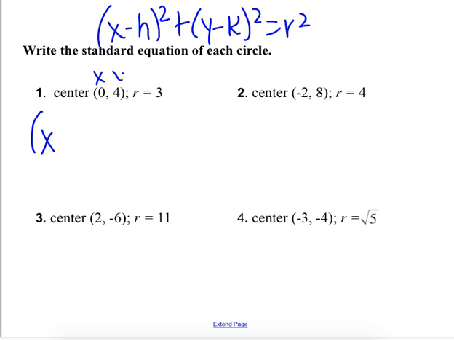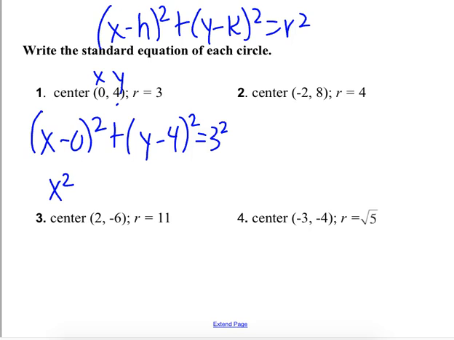What's my x coordinate? 0. (x minus 0) squared plus (y minus my y coordinate, which is 4) squared equals 3 squared. Now let's clean it up. Well, x minus 0 is just going to give me x, so I can just leave it as x squared plus (y minus 4) squared. And what's 3 squared? 9.